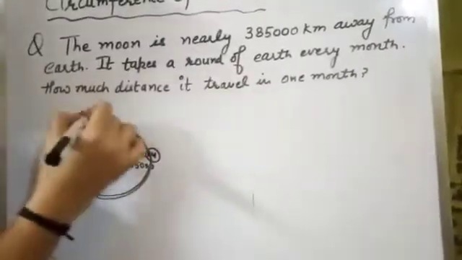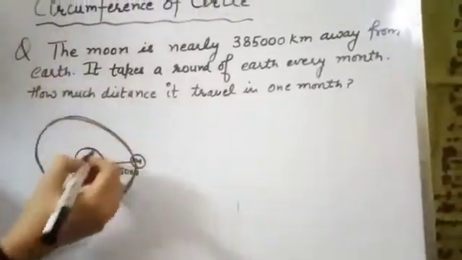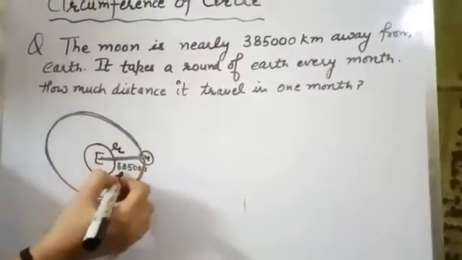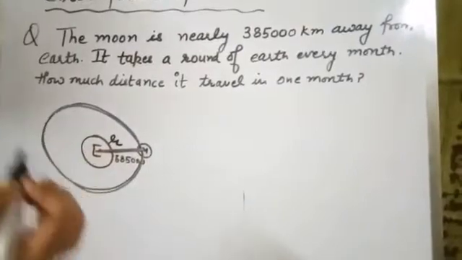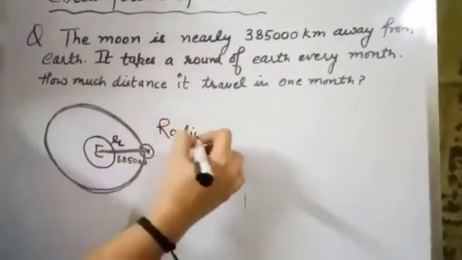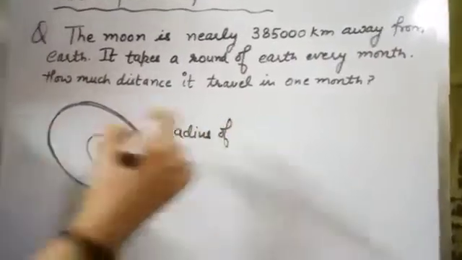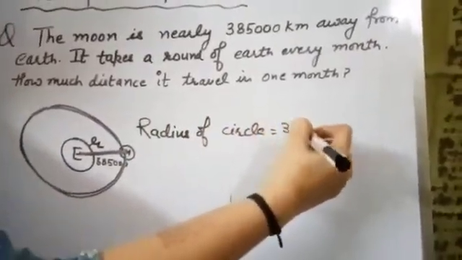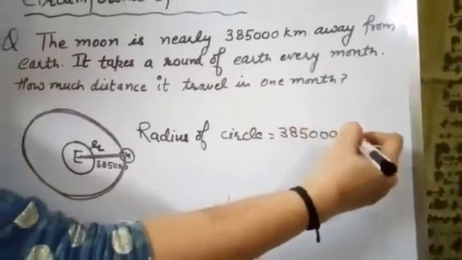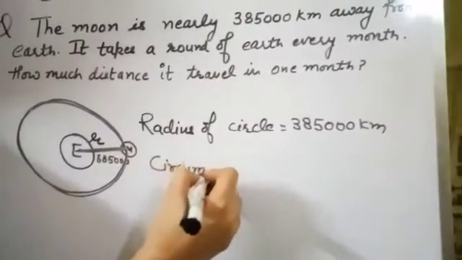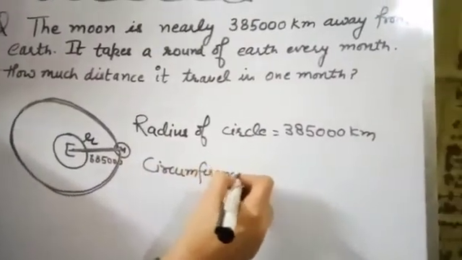This is the radius of the circle, which is 3,85,000 kilometer. Let us draw this diagram also to make the concept more clear.